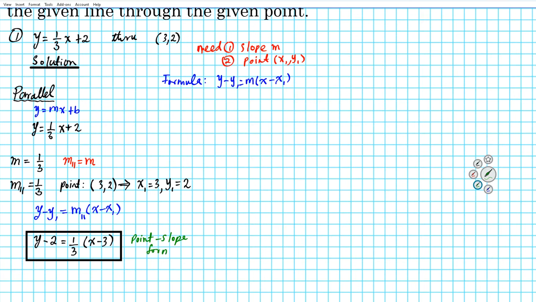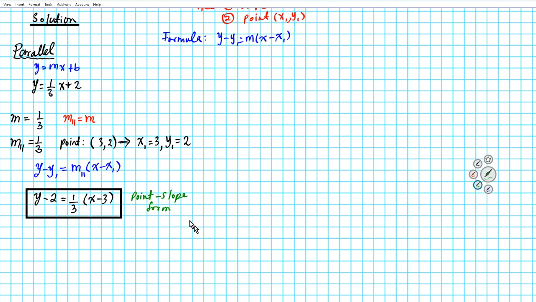All right, and then let's also write it in slope intercept form. To get it in slope intercept form, we're just going to simplify and isolate y. To do that, distribute 1/3 across these two terms, the x and the 3. And then we have y minus 2 is equal to 1/3 x minus 1/3 times 3.